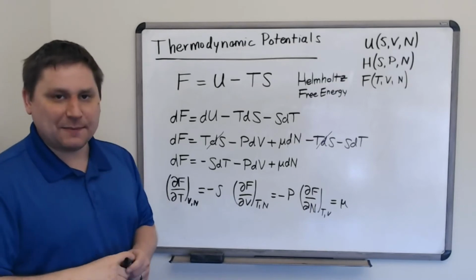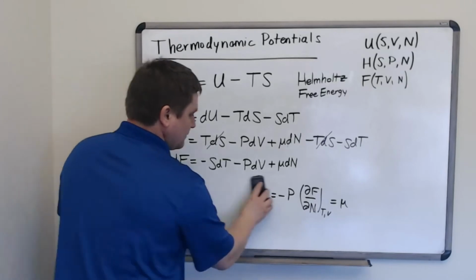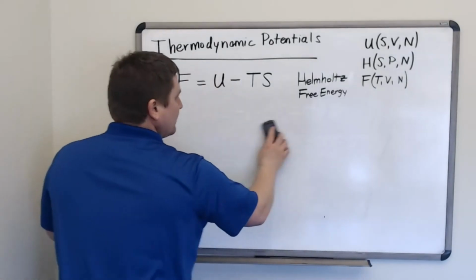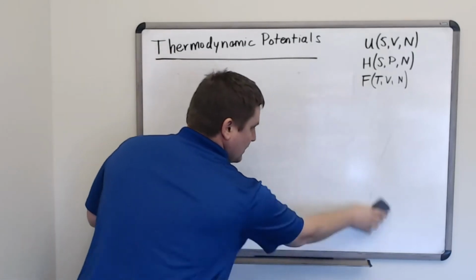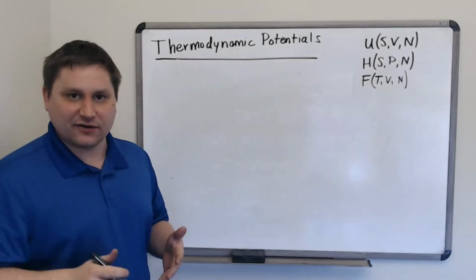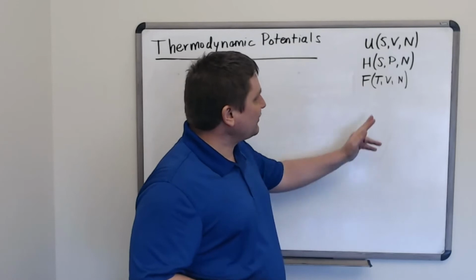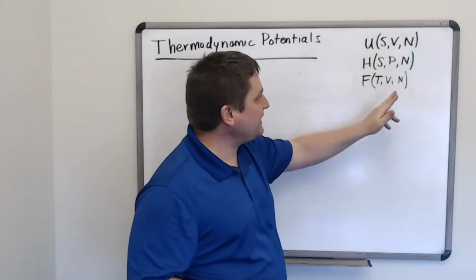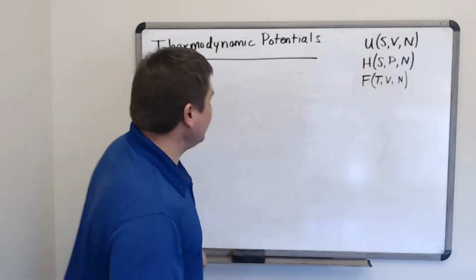There's one more type of free energy which we will see in common use. And this free energy is designed with the goal of switching our independent variables from S, V, N all the way down to temperature, pressure, and particle number.